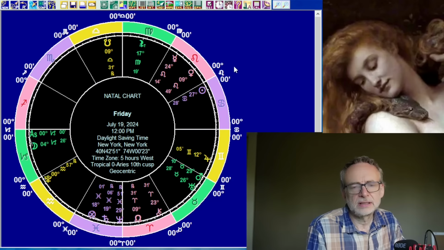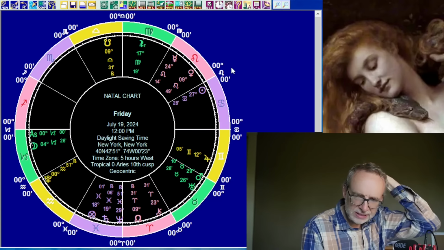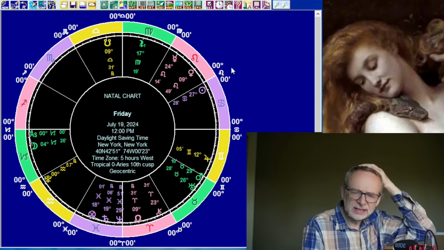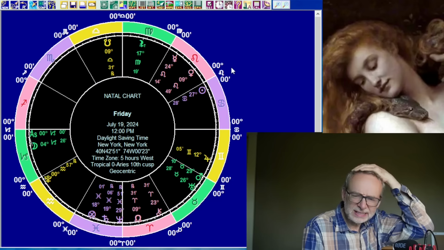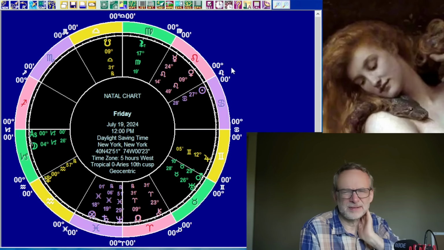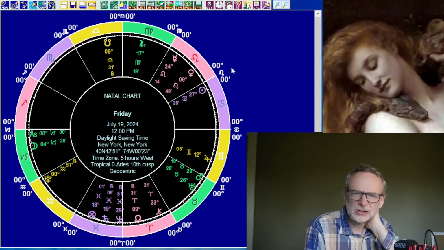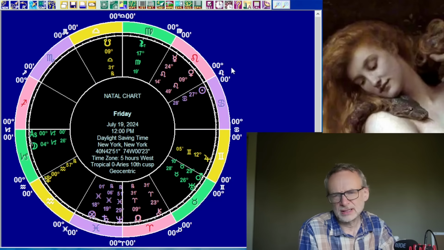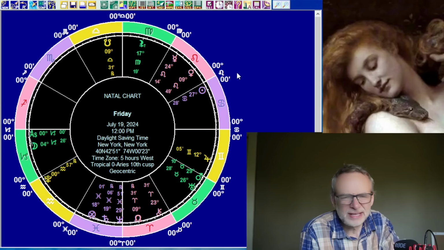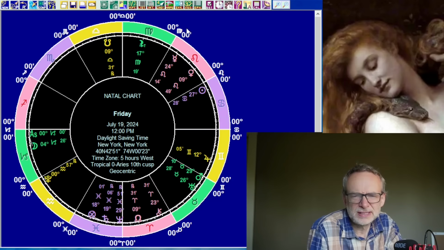Aquarius. Aquarius, you may feel that it's a time where you need to retreat a little. You're not really feeling especially sociable right now. And it's because the moon is moving into Capricorn.